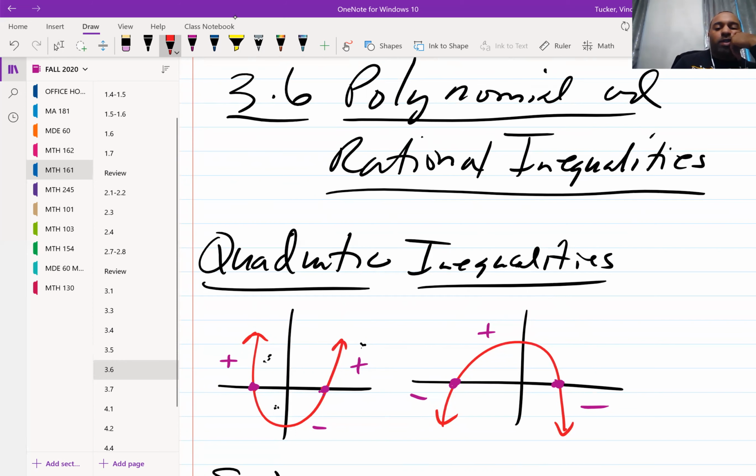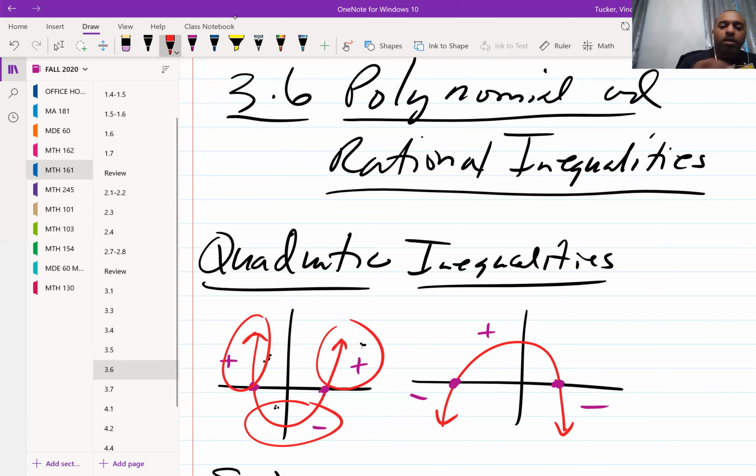So if it concaves up, notice that you have these intervals. Right here is where the graph is equal to 0 at these points. Above and below those points, your graph responds a certain way. Above it, that's positive, and below is negative.